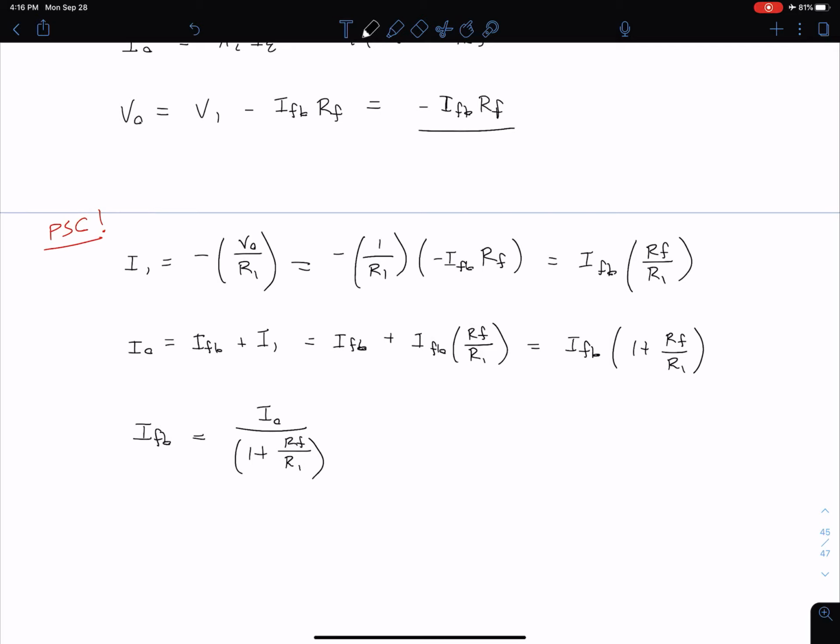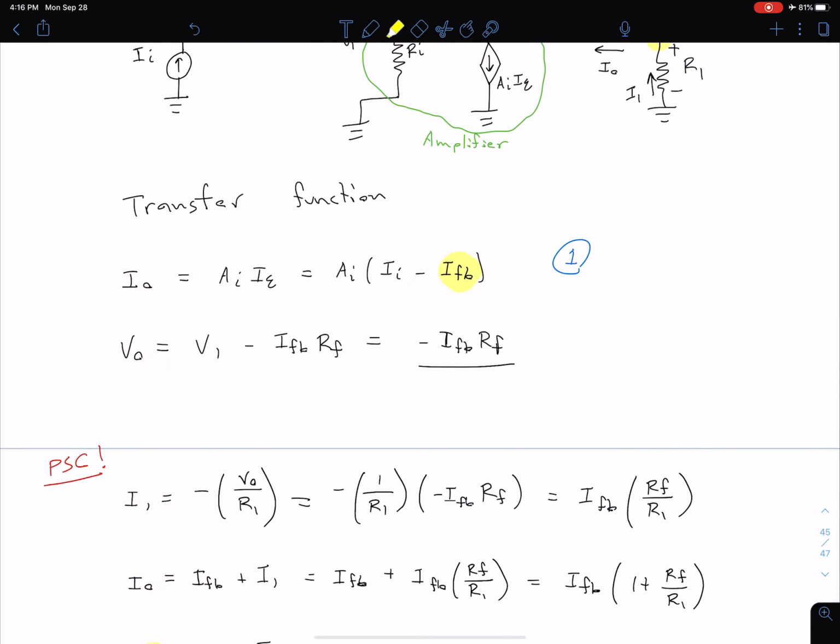So what we want to do now is we want to substitute this IFB value into our IFB value up here in 1. And then because we're looking for our transfer function, ultimately we're going to be looking for our closed loop current gain, which is equal to our output current divided by our input current.